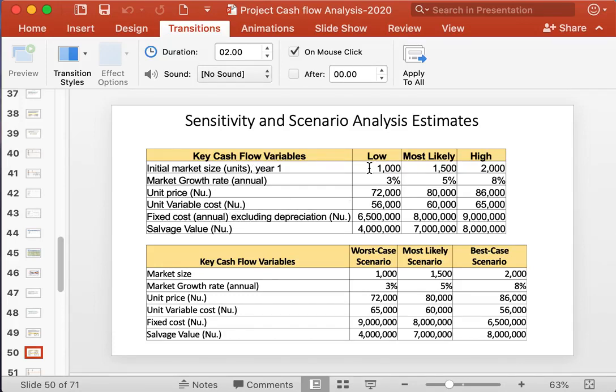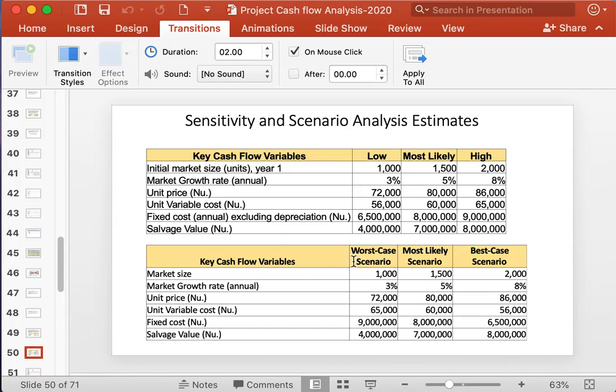That is as if keeping all of them constant without variation. Low values for all of these key variables means not changing the values of the variables simultaneously.